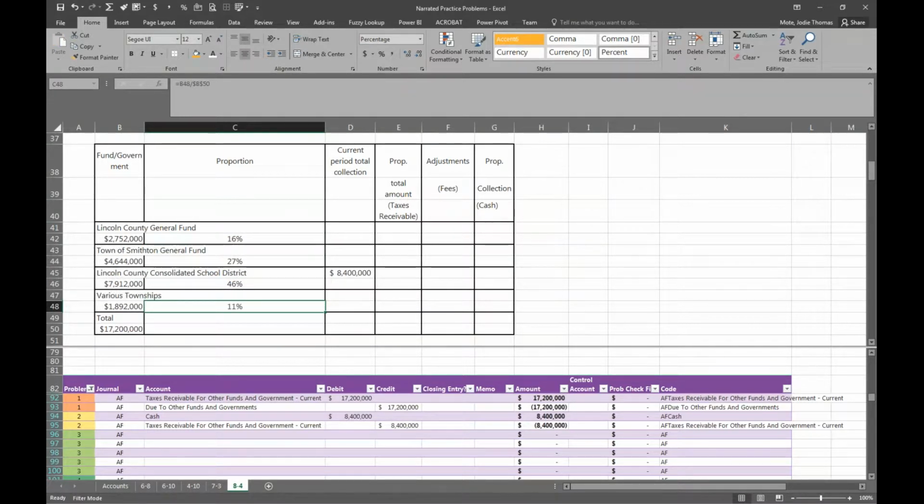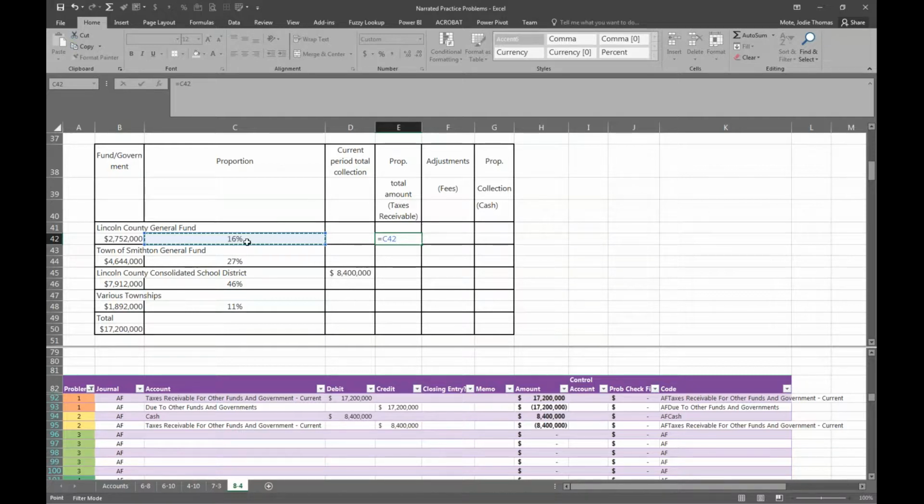All right. So if our total here is 8.4, then the total share of those collections is going to be these various percentages multiplied by the 8.4. Okay, so let's put them on the same row so our formulas don't get messed up.